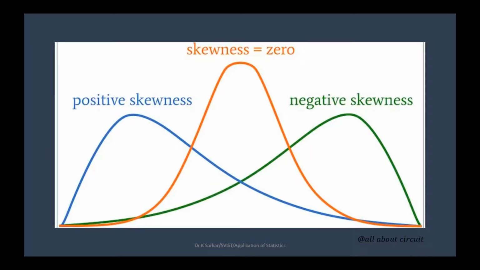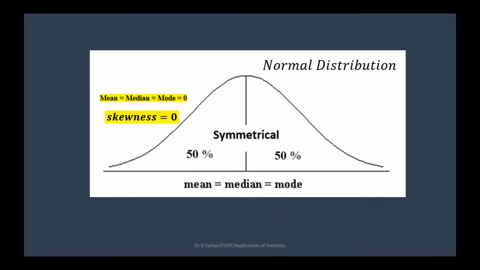In this graph, the orange curve shows skewness as 0, the green curve shows negative skewness, and the blue curve shows positive skewness. The symmetrical distribution has 0 skewness, as all measures of central tendency lie in the middle.